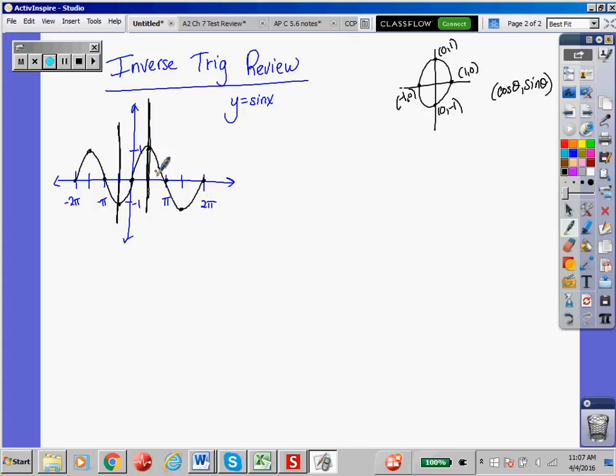So mathematicians said, okay, in order to do inverse sine, if I want y equals inverse sine of x, this is going to give me outputs between -π/2 and π/2, okay? So those are the only values that I can get. Oops, I mean y. Okay, those are going to be the only outputs.